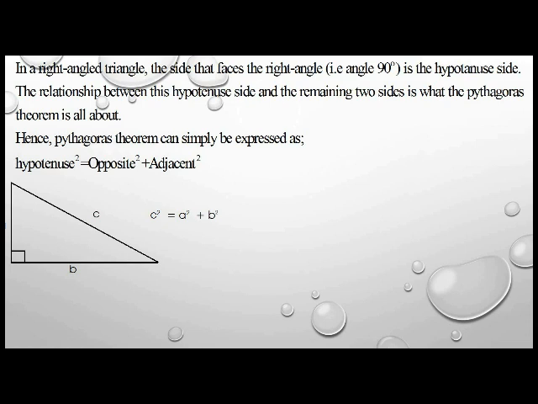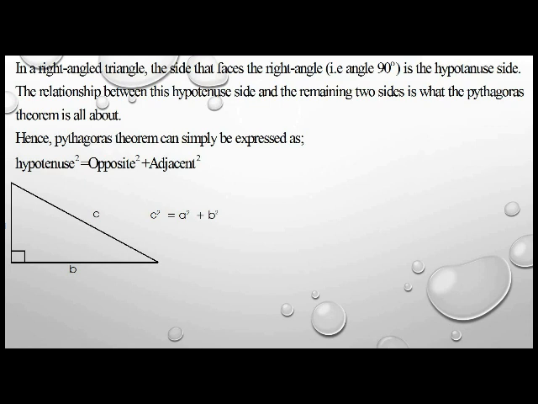It states that the hypotenuse squared is equal to the square of the opposite plus the square of the adjacent, which is what we call the Pythagoras theorem.